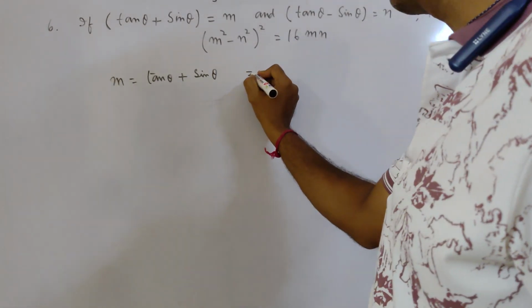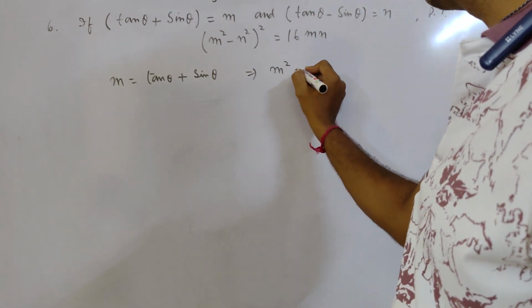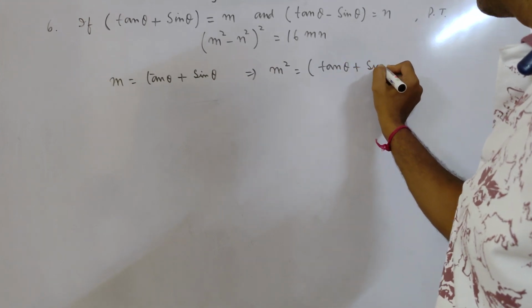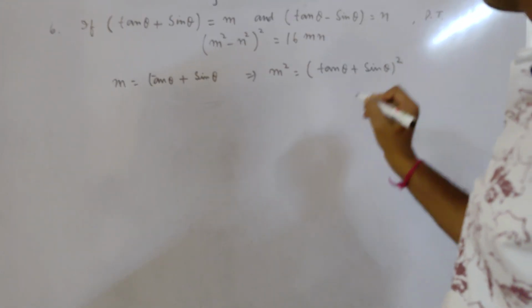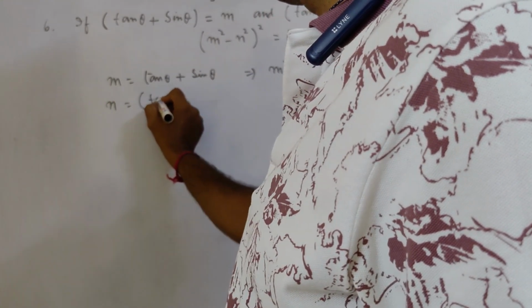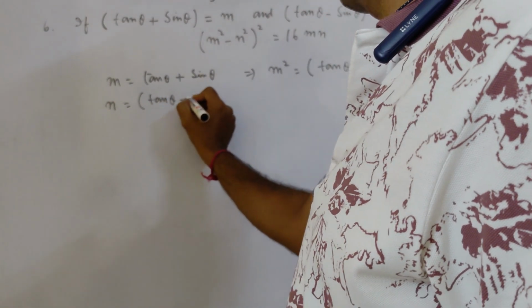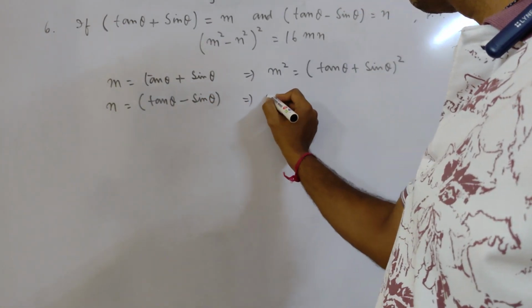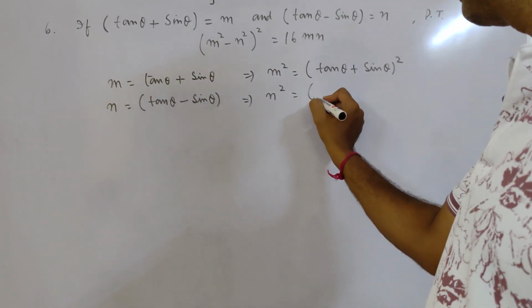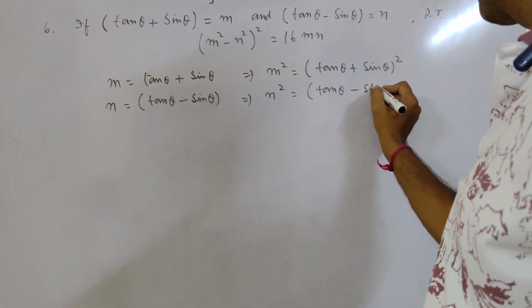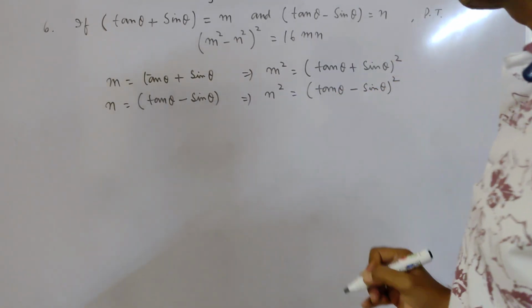Squaring both sides, we may write m square is equal to (tan theta plus sin theta) whole square, and n is equal to tan theta minus sin theta. So squaring both sides, n square is equal to (tan theta minus sin theta) whole square.